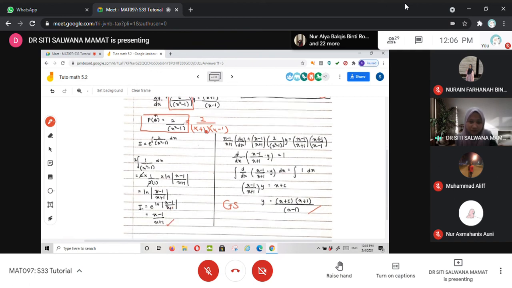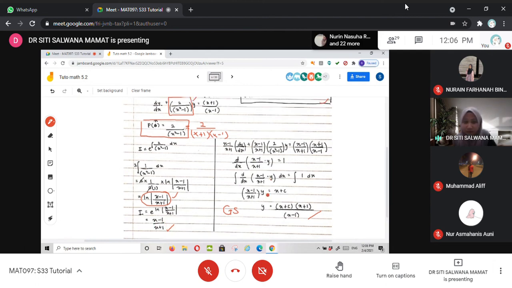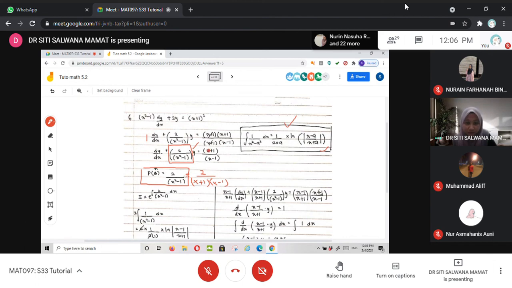For those yang guna partial fraction tu, again you akan dapat sama. Nanti dia apply rules. You ada ln x minus 1 and then minus kan dengan ln x plus 1. So you apply this rule macam ni nanti. So lastly you akan dapat yang ni lah, x minus 1 over x plus 1. So this is integrating factor. You darabkan dengan standard form.